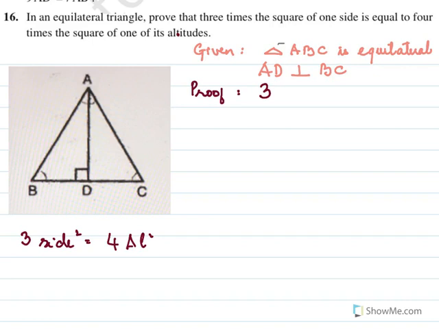That's what they're saying. So 3 times the side here is AB, 4 times the square of the altitude, that is AD square. So we start out our proof.